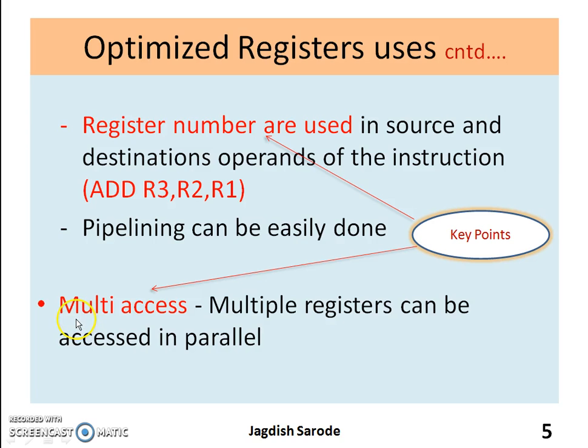Third point is multiple access of the registers. If multiple registers can be accessed in parallel, we can read more registers in less time, and hence we can improve the performance of the RISC architecture. So if we optimally use the registers in the processor, we can improve the performance of the RISC architecture, and hence optimized use of the registers is one of the key issues regarding the RISC architecture.